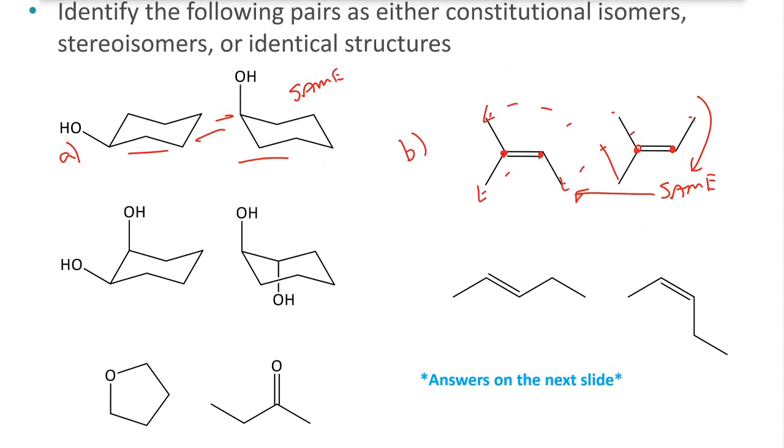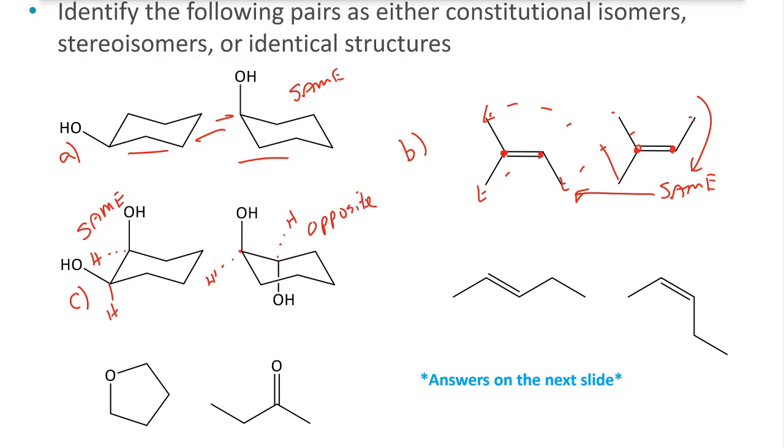Okay, the next molecules we have, we'll call this pair C. These cyclohexane rings have two OH groups attached. But remember, these hydrogens, let's draw the hydrogens in. So these OH groups on the left are actually on the same side of the ring, and these OH groups on the right are on opposite sides of the ring.